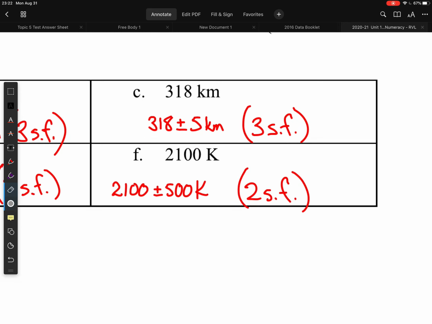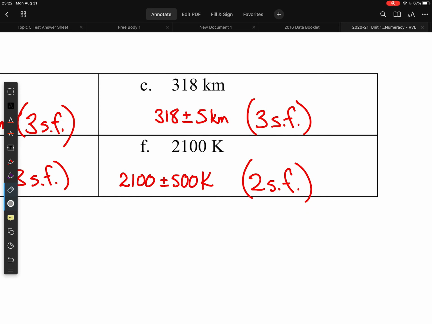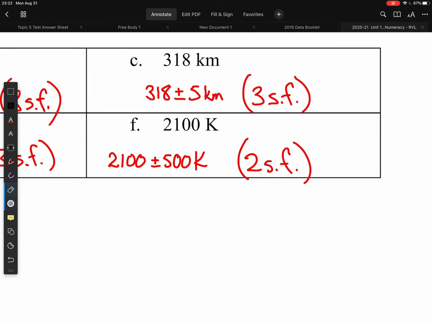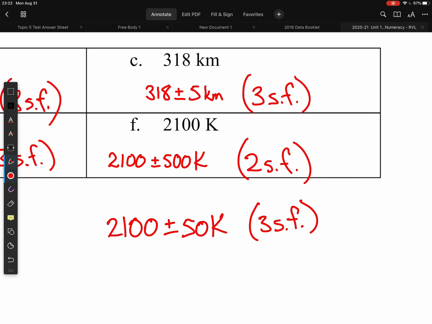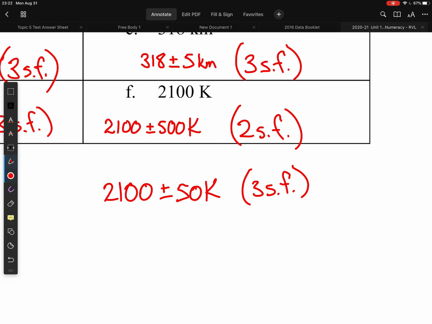Okay, finally, this last one is interesting because we could have 2 sig figs, as I've shown here. We could also have 3 sig figs, and that might look like this, to 3 significant figures for our measurement or estimate.